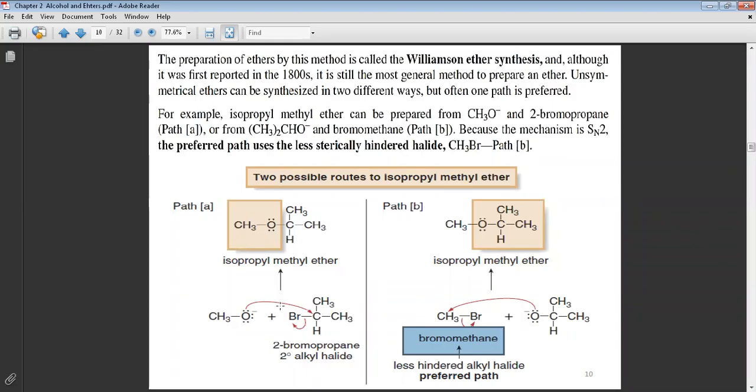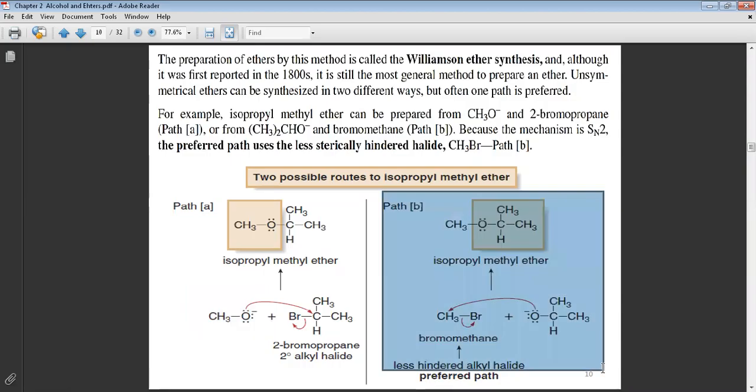Weak or neutral. Here the base is not neutral, it is strong. Strong means not SN1 but SN2. Okay? That means the preferred one is this. The good reaction will be this way, and this way will not be a good reaction.